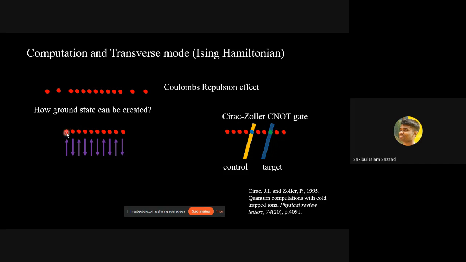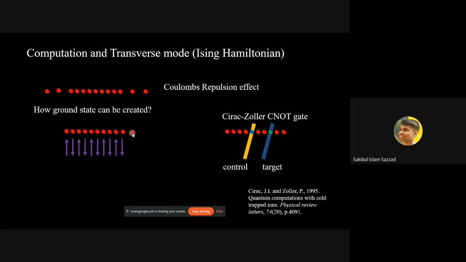So let's say this ion has a spin up, this ion has a spin down. So these two are canceling each other. The same thing goes for the whole chain. So there is net zero charge. When there is net zero charge, that means they stay in there. Now I can do my computation in here.